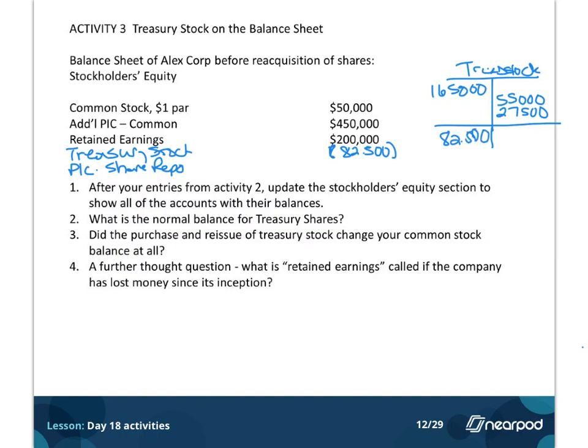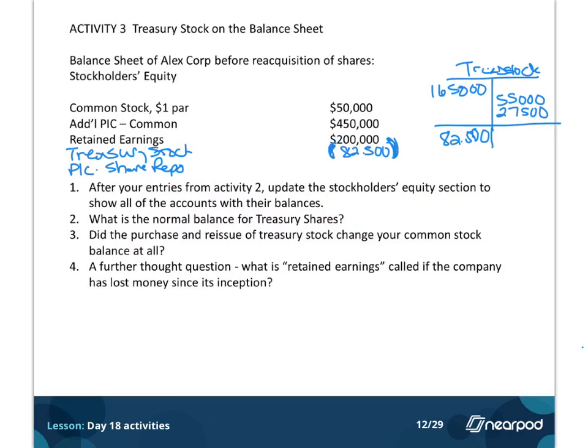I believe. Yes, that makes sense because we bought 3,000 and reissued 1,500, so we should be at half of our balance. So that's 82,500 for Treasury stock, and we're making sure we realize that it shows up in the equity section as a negative.